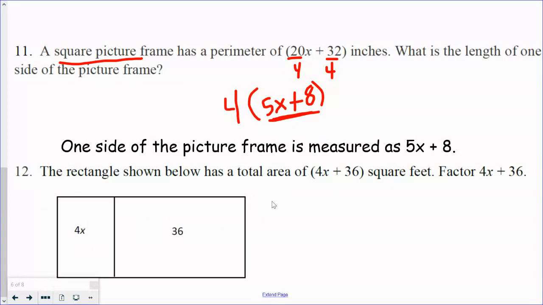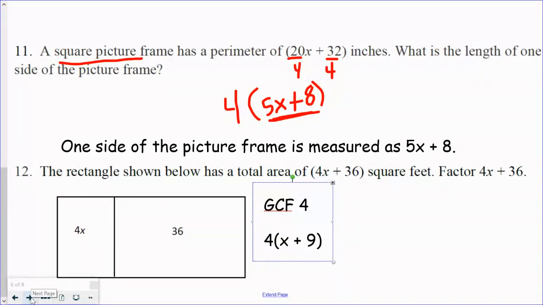Well, what's their greatest common factor? The greatest common factor is 4. When I go to factor, I'm going to take a 4 out. Now 4 goes into 4 one time, so it just leaves my x by itself. And then 4 goes into 36 9 times. And that is it. That's all they asked.